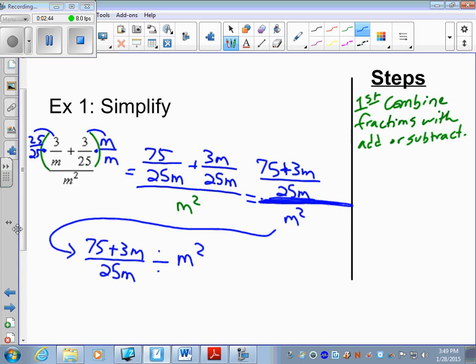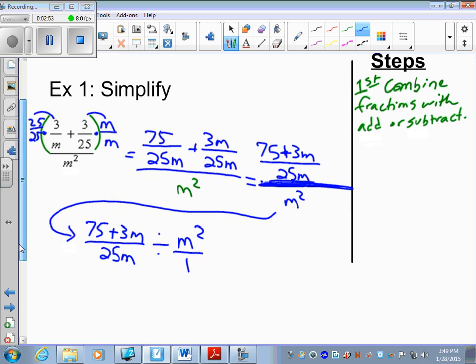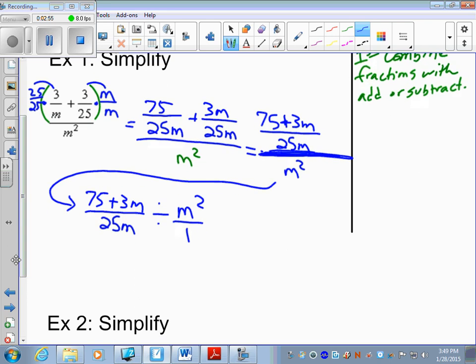But we want to make that a fraction, so you divide by 1. Now this is exactly like 6D part 2, where you keep it, change it, and flip it. So I'm going to change this to 75 plus 3m over 25m. Keep it, change it, flip it.